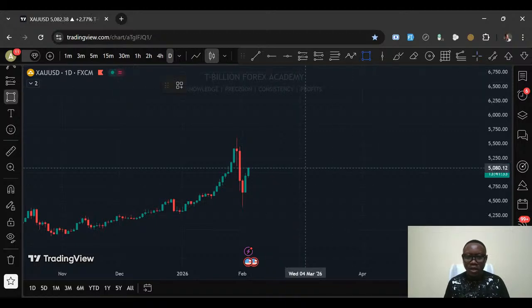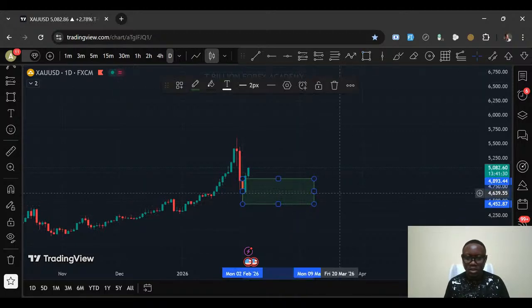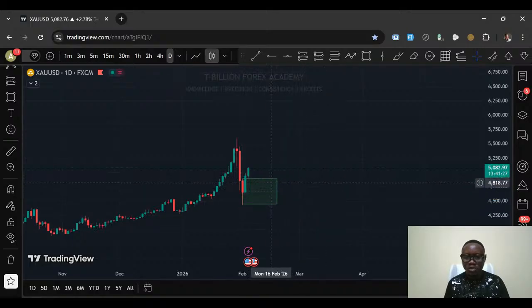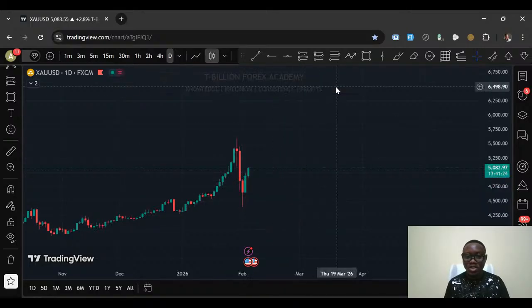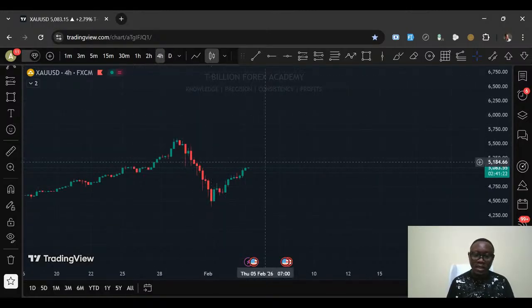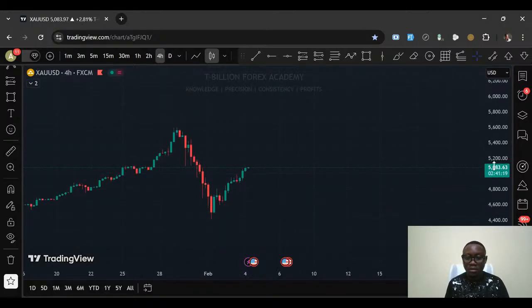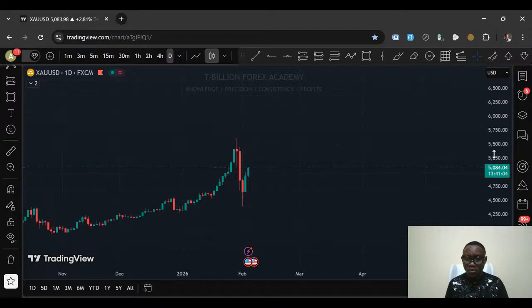I can spot this zone, but let me drill down to the 4H time frame for a clearer picture. Again, like I used to tell you, if on a given time frame you are not able to get a clear structure of the market, what you should do is drop down to a lower time frame. Looking at the daily time frame, I would be more interested in taking buy opportunities in this market currently, so I can ride the bullish trend which is currently forming.